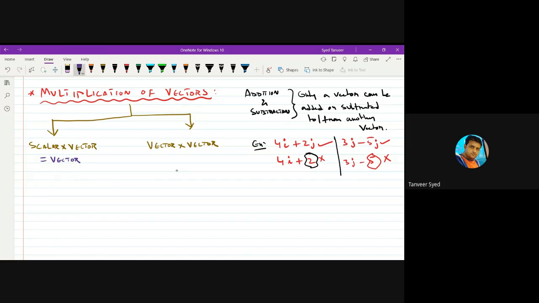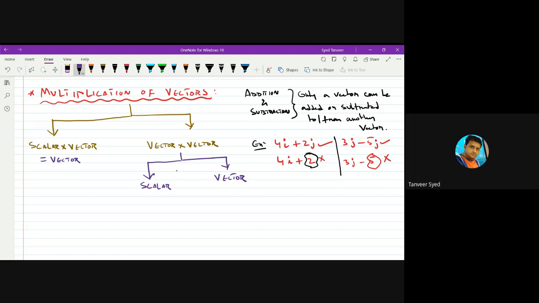But when you come to the second type, vector into vector, again there are two possibilities. The product of two vectors can be a scalar. The product of two vectors can be a vector. It depends on the nature of vectors that we are multiplying.